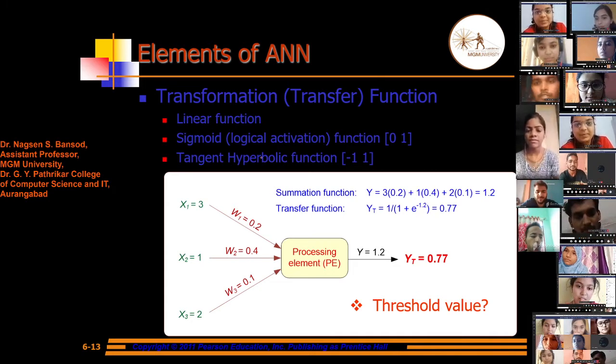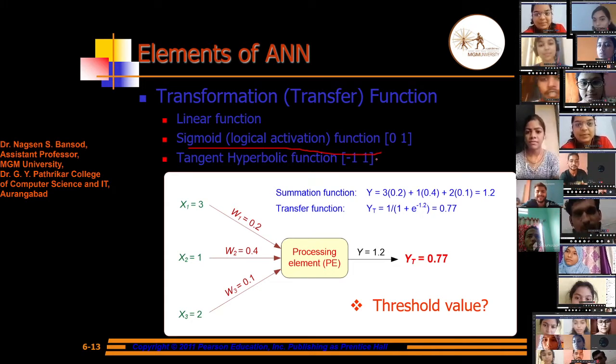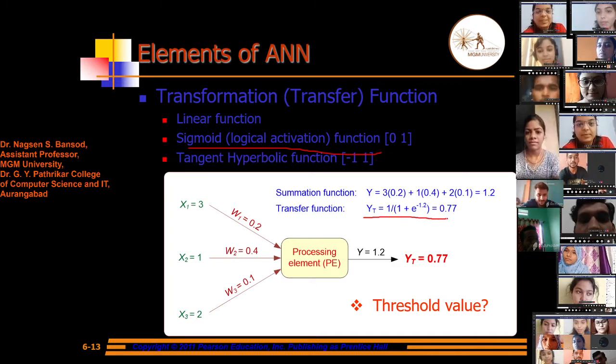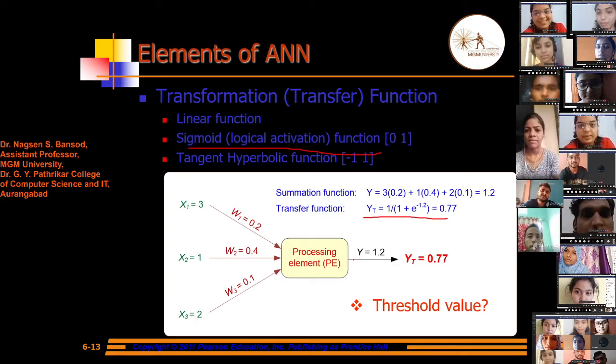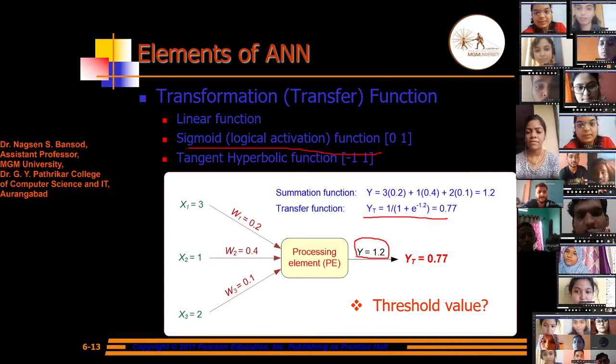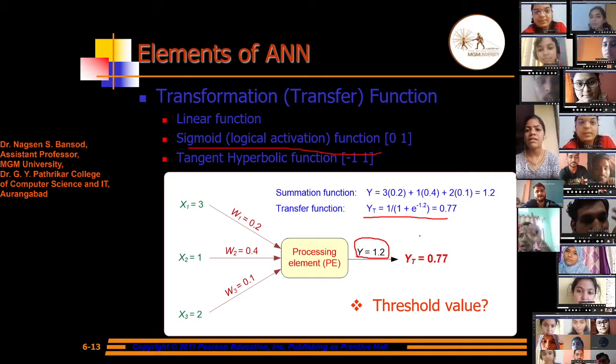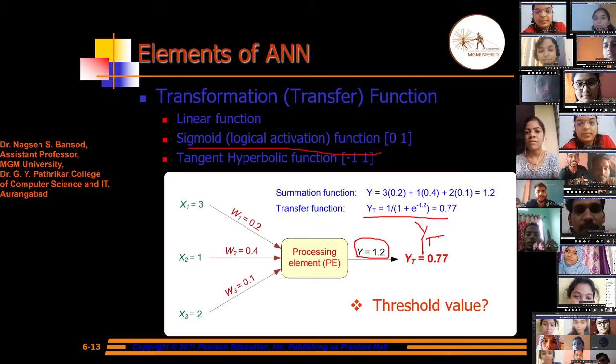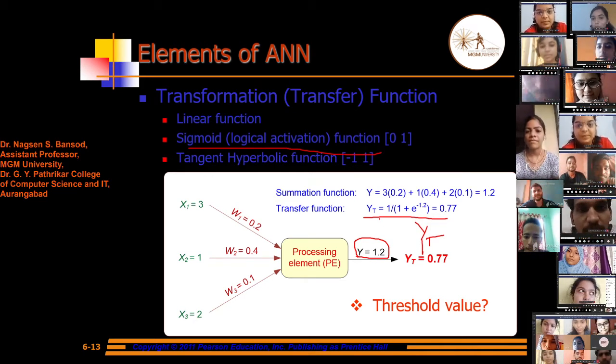As we know, the sigmoidal activation function is where we can transfer our output value into yt, the transfer function, as we require.